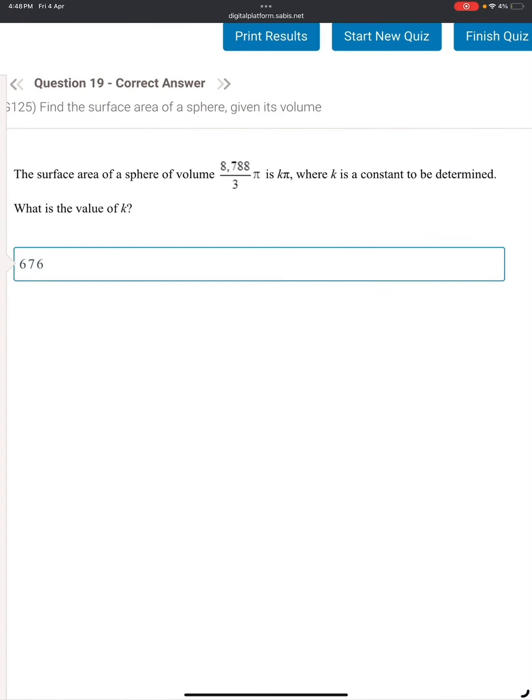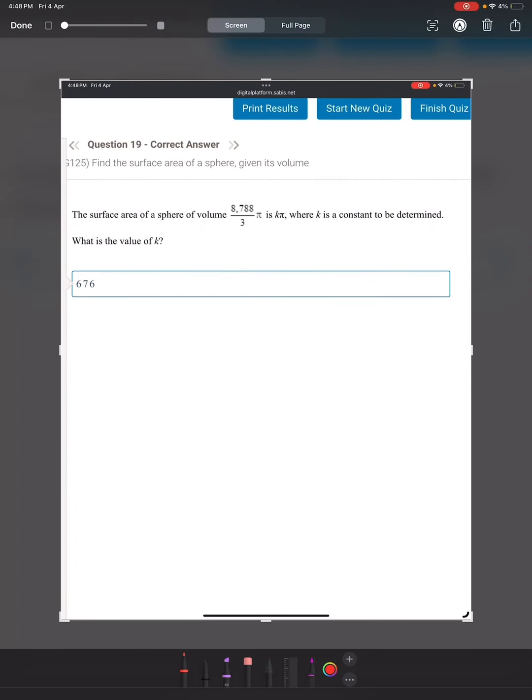The surface area of a sphere, let me write it down. Surface area of a sphere formula is 4 pi r squared. What did they give us here? They gave us the volume of the sphere, and they didn't even give us the radius.